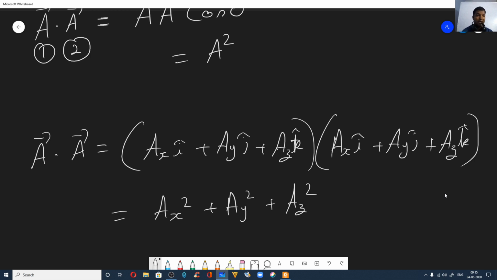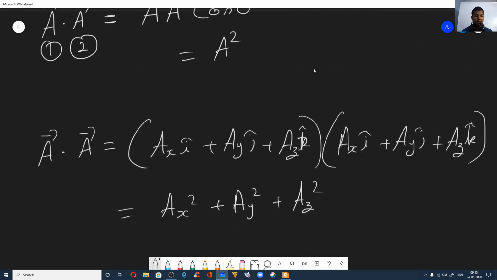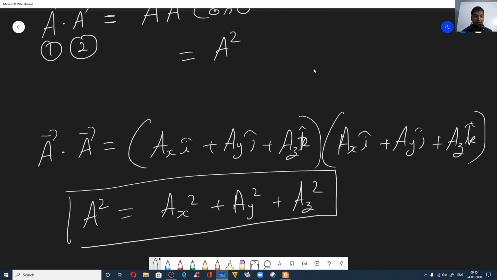Correct? So from this step, what did we get? a dot a is equal to a square. So here also you have this proof. I think we have already proved this. It's like the resultant.